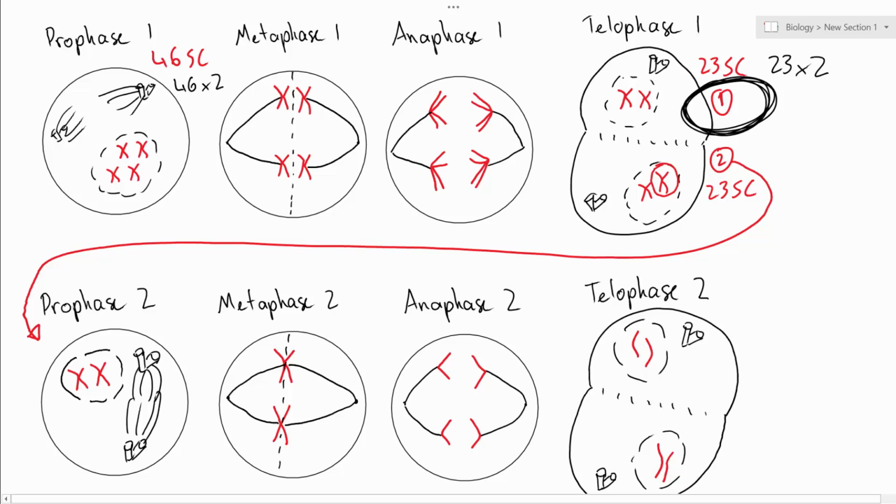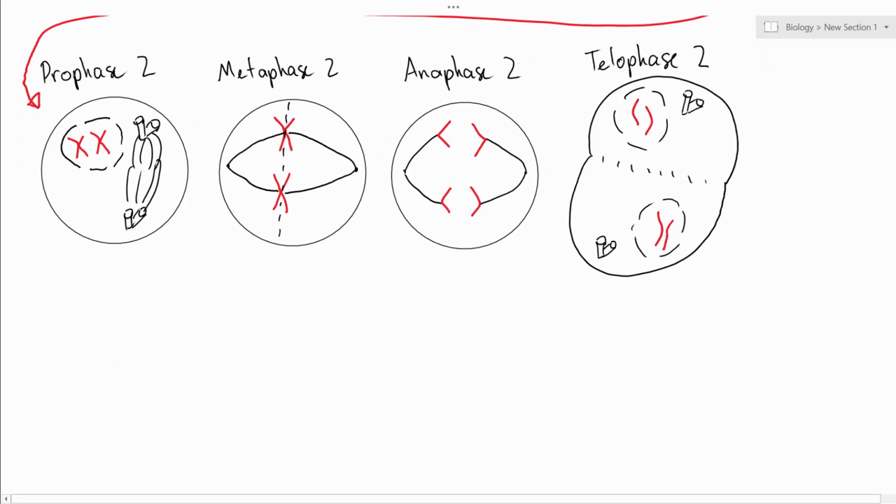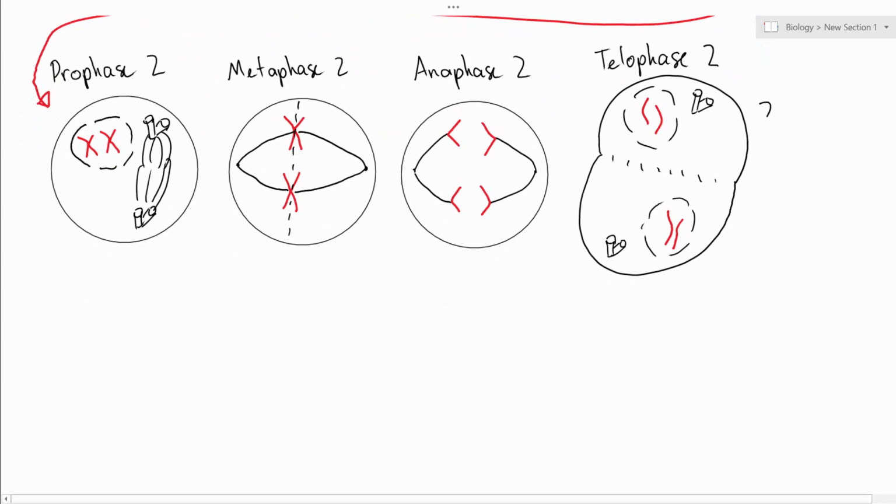So we've still got the equivalent of a full set of DNA. And then once they're broken apart, those 23 double copies, 23 sister chromatids, go to 23 single chromosomes, with 23 obviously being half of 46, meaning that we have a haploid cell.